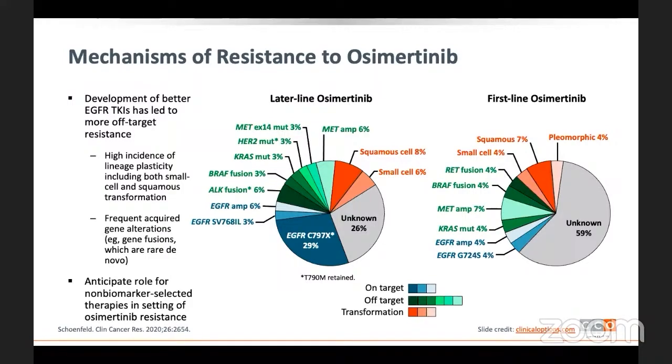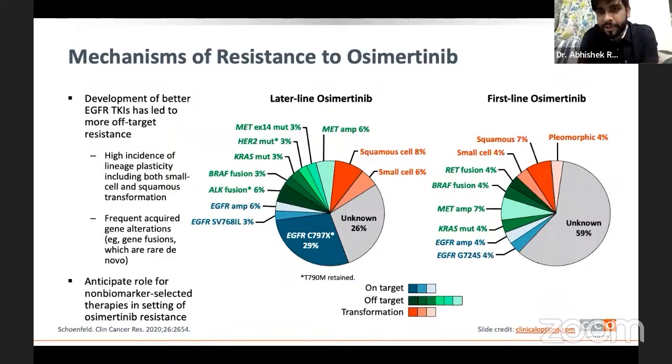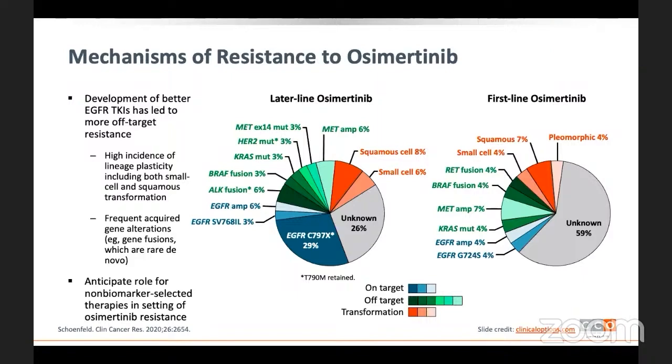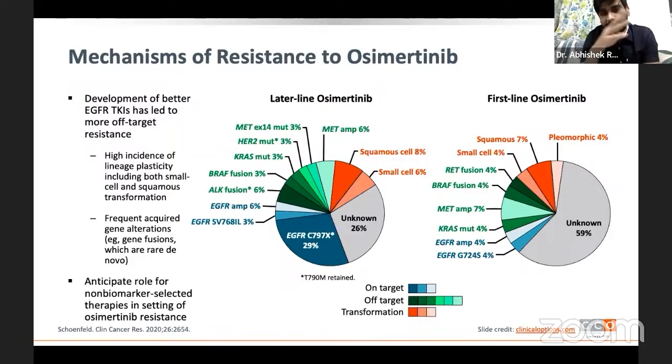This mutation is not very frequent with first-line osimertinib treatment, but with later lines it is there. And these are exquisitely sensitive to your first-line EGFR TKIs. So when the patient has previously been treated with erlotinib or gefitinib, they progress, and you treat the patient with osimertinib, they develop this mutation and they are again sensitive to erlotinib and gefitinib.